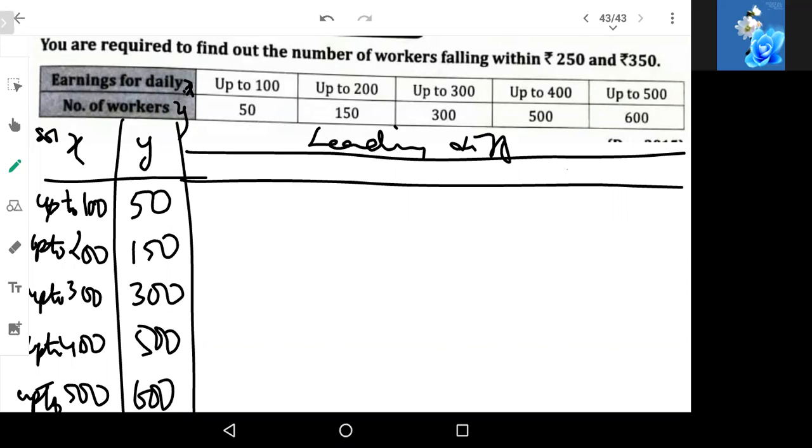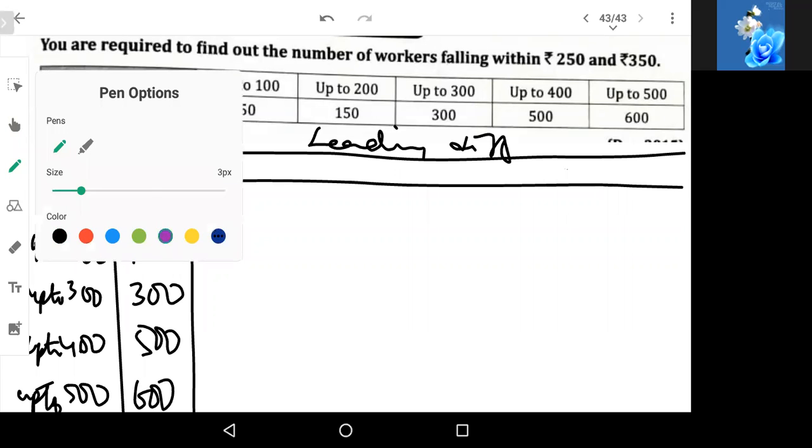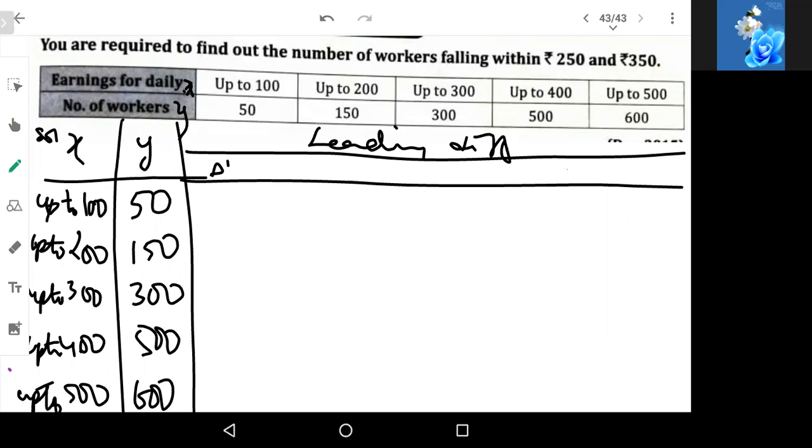Now coming to the leading difference. In this problem, I'm not writing the values completely. I'll just take the difference and write the difference value. So when you're writing in your classwork, write the differences for your reference. The first leading difference is between 150 and 50. So 150 minus 50 will give you how much? 100.